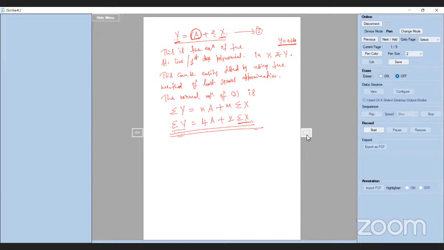We know the X values and Y values from the tabular values, so from that we can find summation X and summation Y. After getting these values, we can find the value of A. From the table, the x values are 4, 1, 2, 3 and the y values are 4, 6, 10, 8.